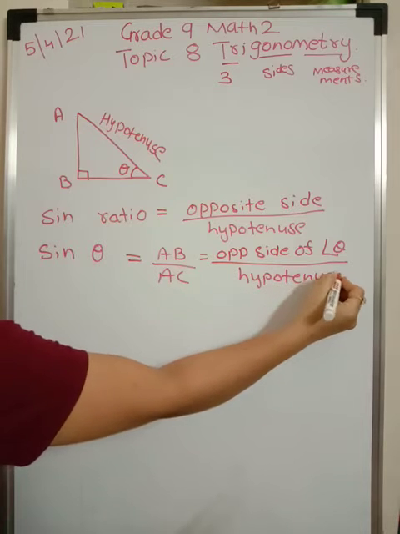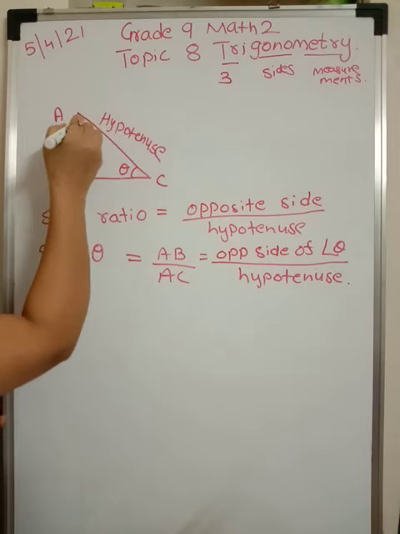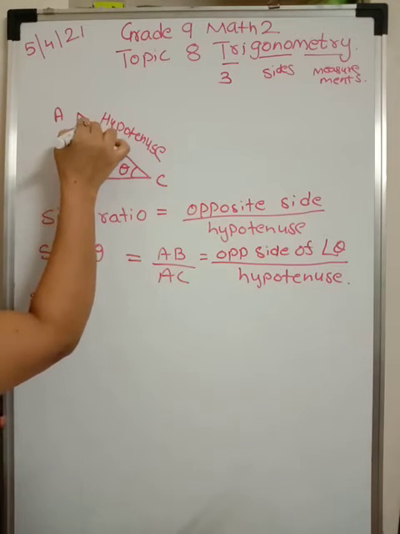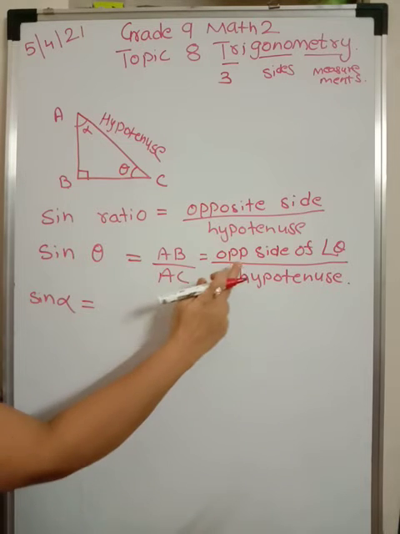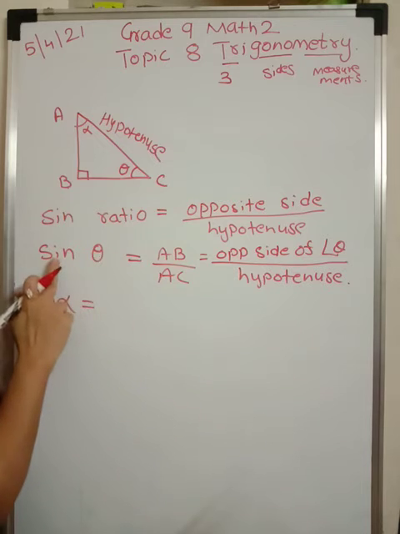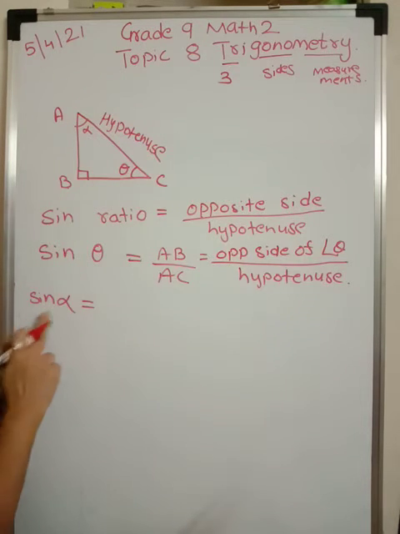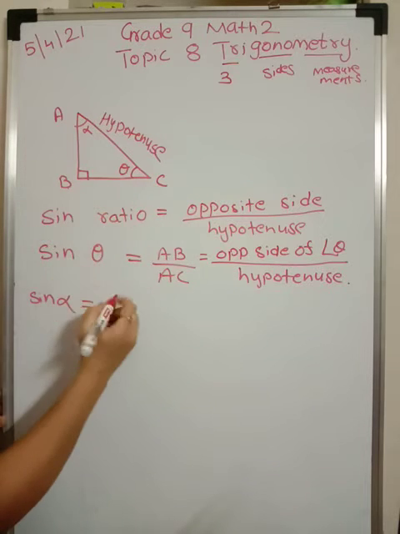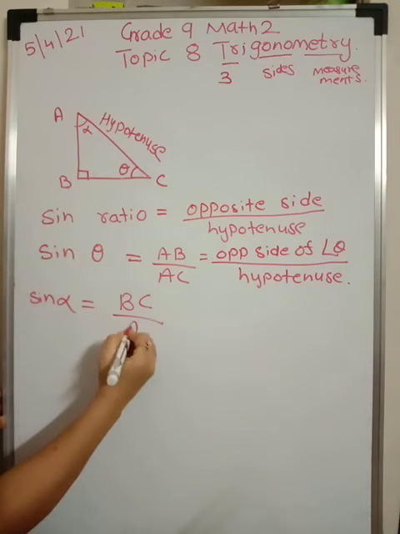If I wish to find, for example, we can call this angle as, say, alpha. So I want to find sine alpha. What is our formula? Because it was sine theta, it was opposite side of theta. Now it is sine alpha, so opposite to alpha would be what? BC. So my answer would be BC upon hypotenuse, which remains the same, that is AC.